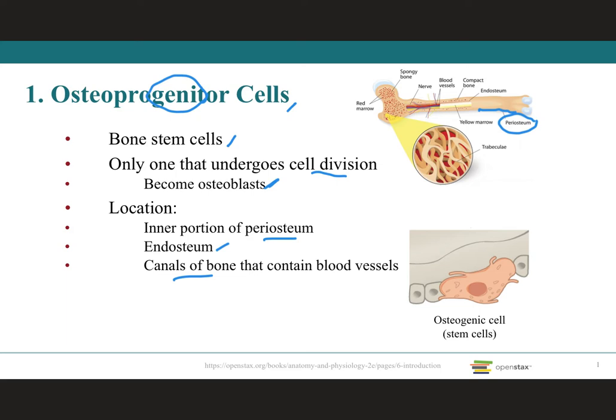The endosteum will cover the bone on the inside, therefore it will line that cavity within the bone, as we can see over here, which is called the medullary cavity. And the canals are these tunnels within the bone itself where blood vessels will be present, and we will see the canals when we cover the histology of the bone.